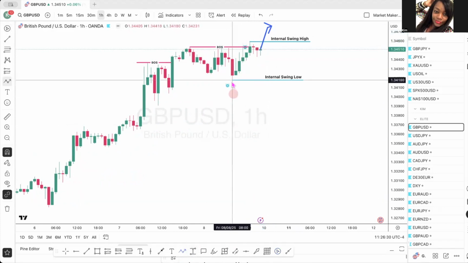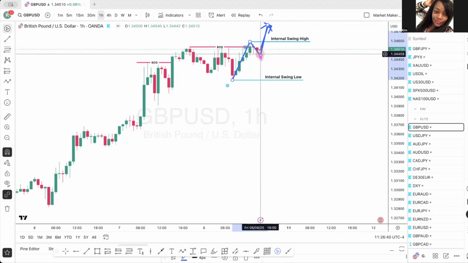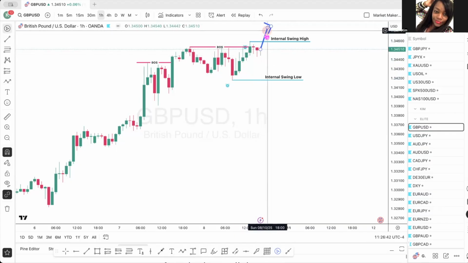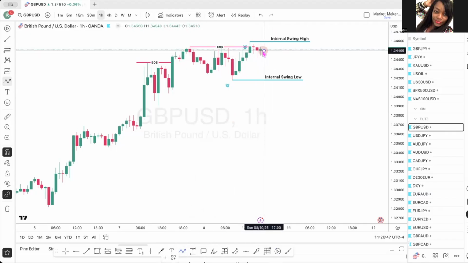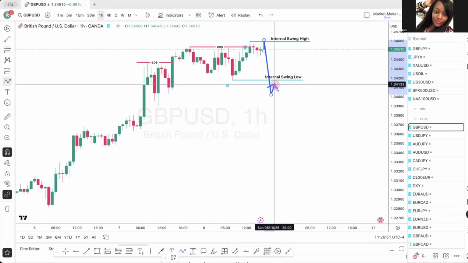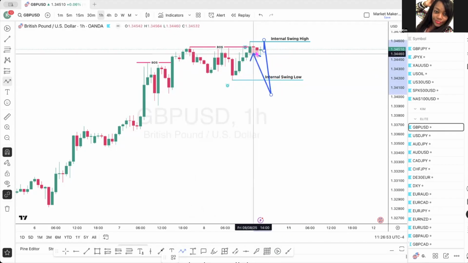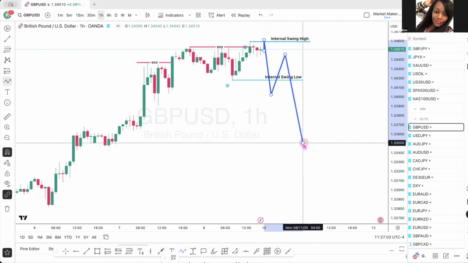You then have this push up, this pullback, and if it breaks, then maybe there'll be a demand zone here. But if it does not break, so say price comes up here to wick and then breaks down here, then we'll look for the supply zone, or if you trade imbalances, you look for the imbalance to then start selling, right?